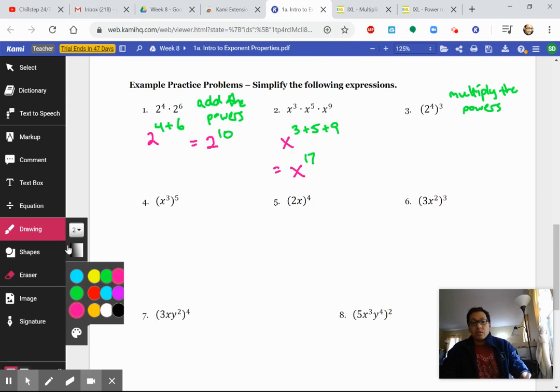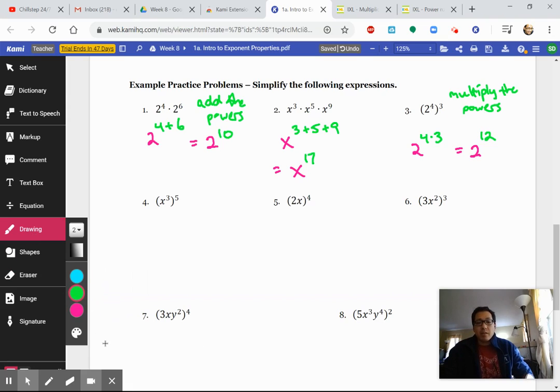So, shortcut way to do this, instead of writing it all out, is it's going to be 2, that's my base, to the power of 4 times 3. So what's that? 2 to the power of 4 times 3 is 12. I hope this kind of makes some sense here.